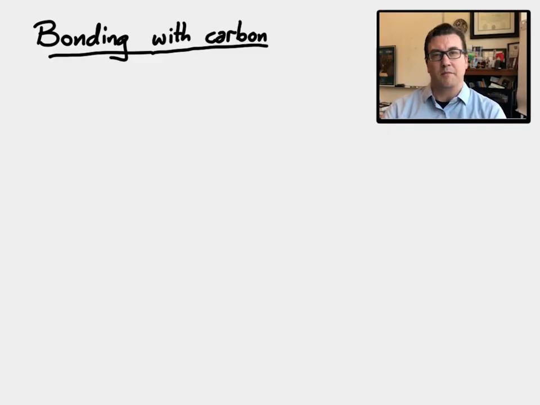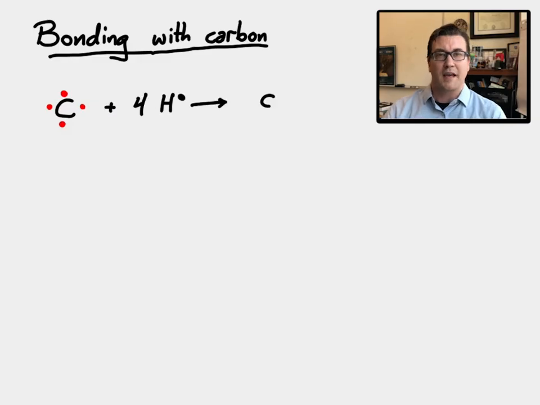So let's briefly now look at some of the bonding that happens with carbon. After all, we are in organic chemistry, and carbon is the currency of organic chemistry. So carbon has 4 valence electrons, as we looked at earlier. And so if there are 4 hydrogen atoms that each have 1 valence electron, 4 hydrogen atoms can bond around carbon.